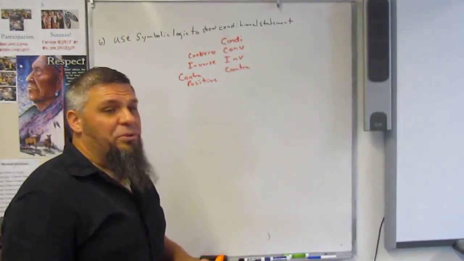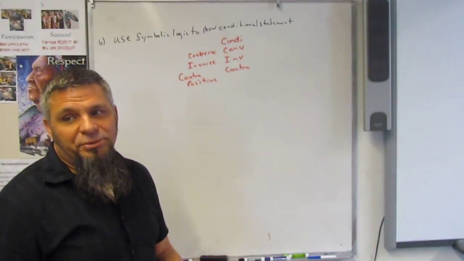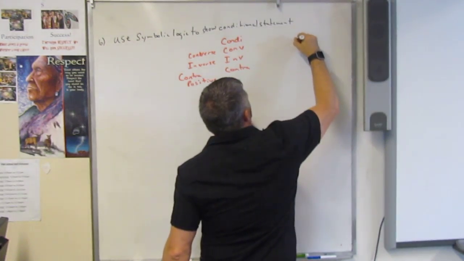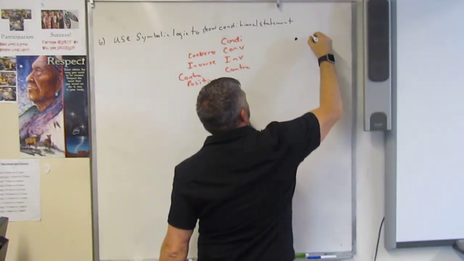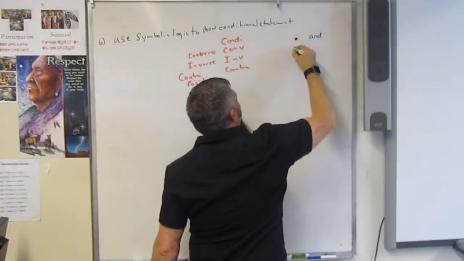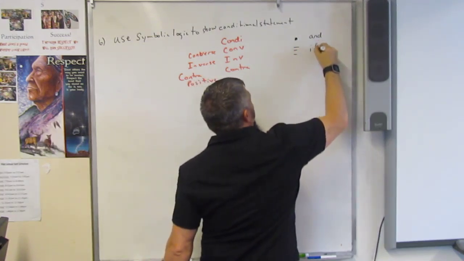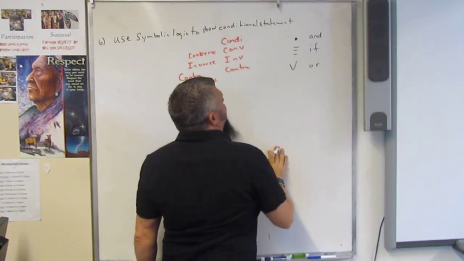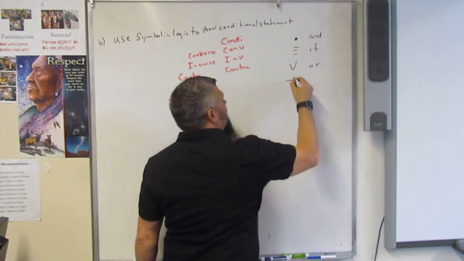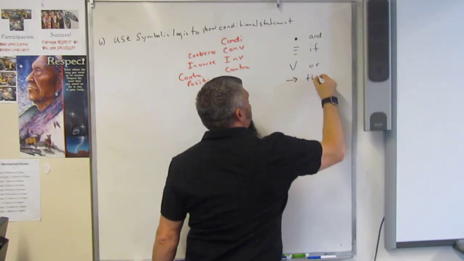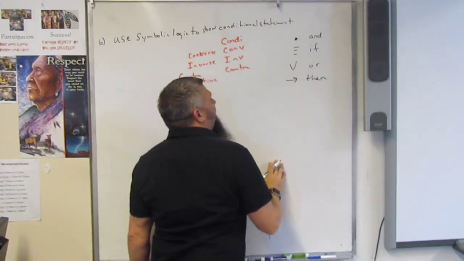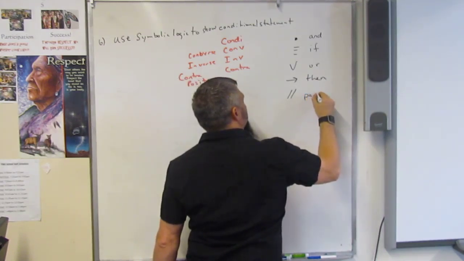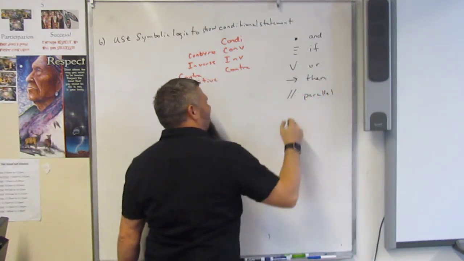Then we have some symbols. Lots of symbols in here, right? Remember these symbols. What's this one? And. This one? If. This one? Or. This one? Then. This one? Parallel. This one?